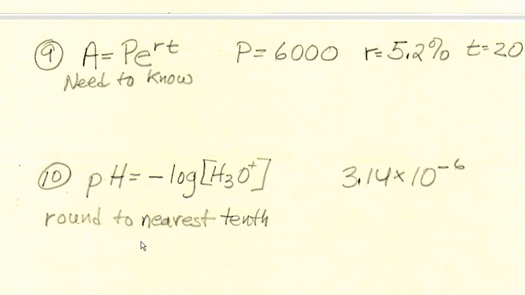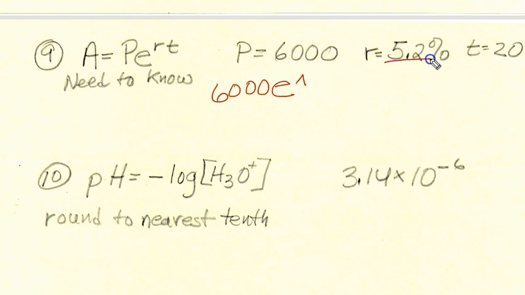Now in this next one, again, they're asking for continuous interest, and I see they didn't give the formula, so you would need to know this. And then putting it into the formula, it would be 6,000. That would be for the P. E is on your calculator, and then caret.